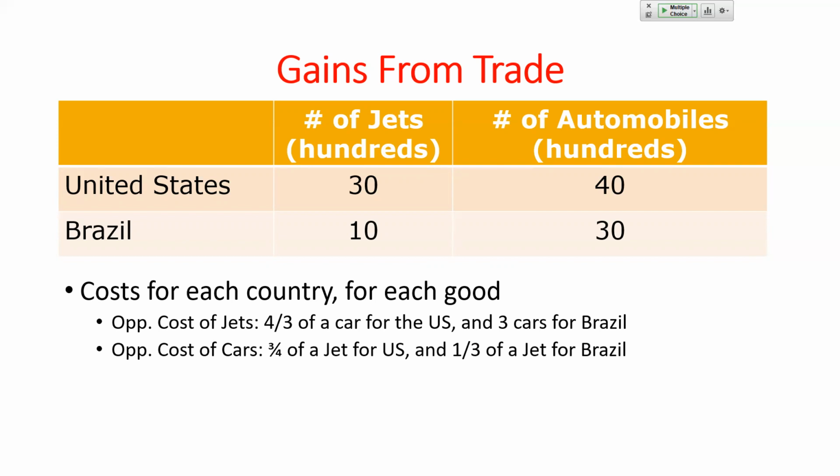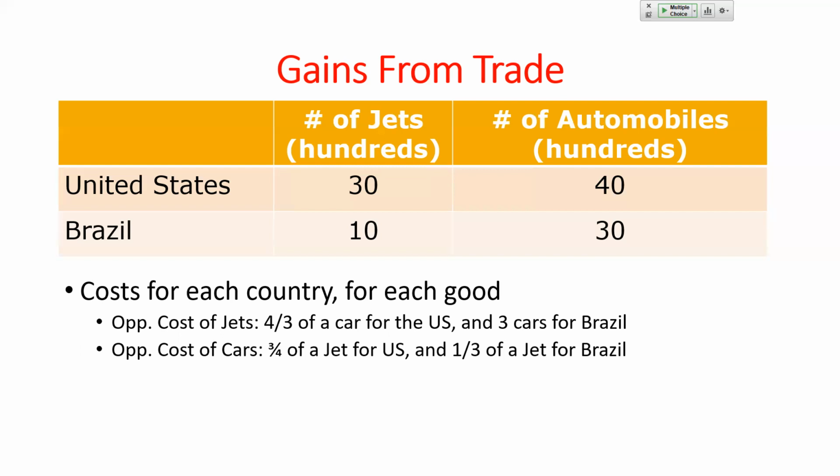So if I drew this out, with wool on my x-axis and computers on my y-axis, and calculated the slope of my production possibilities curve, that tells me the cost of producing one more unit of the X good. So the slope of that production possibilities curve always represented the cost of producing one more unit of that X good. So if we're doing this example here, we've got what?